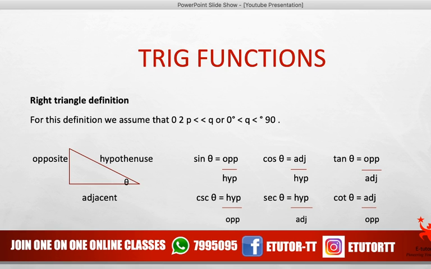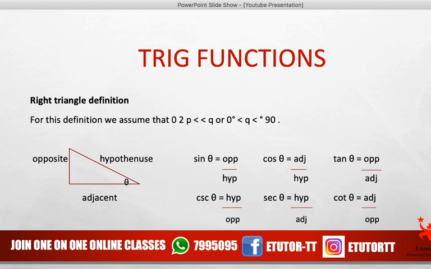So if we look at this right angle triangle, we see the slant is the hypotenuse, and the side that's opposite the angle is called opposite, and the side that's right next to it is called adjacent. Sine theta is equal to opposite over hypotenuse. Cos theta is equal to adjacent over hypotenuse.